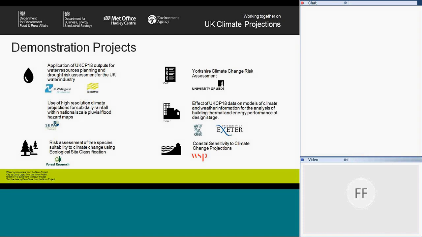So they've already set up steps that are required from data to decision-relevant information. And at the moment, we're producing leaflets which should be ready in the next week or so to start creating conversation within the different sectors within the UK.